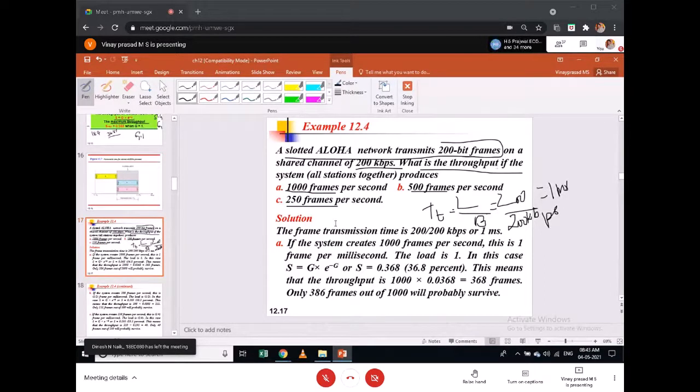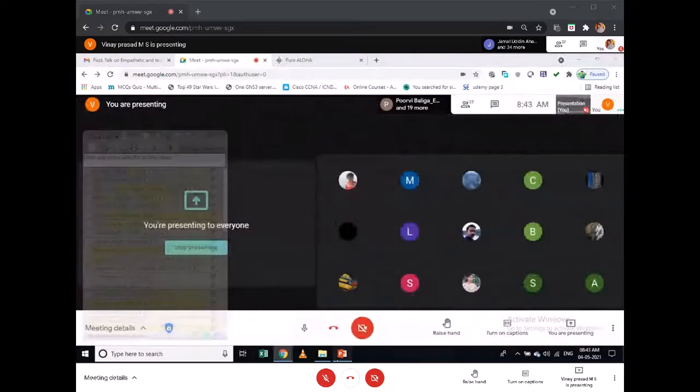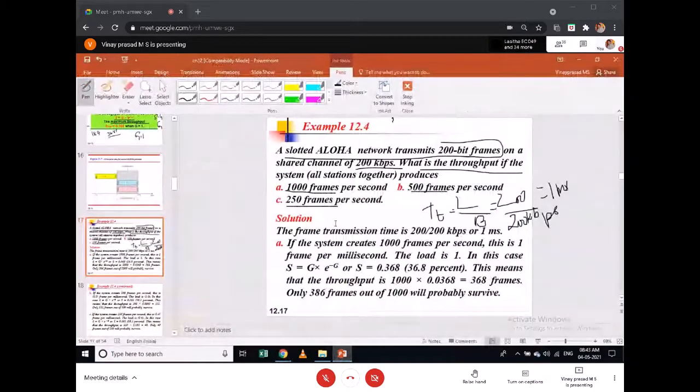Then they are asking us to find the throughput. We know that S is equal to G into e to the power of minus G, right? So we have to find G. If a station can generate 1000 frames per second, how many frames would be generated in 1 TT, that is, in 1 millisecond?